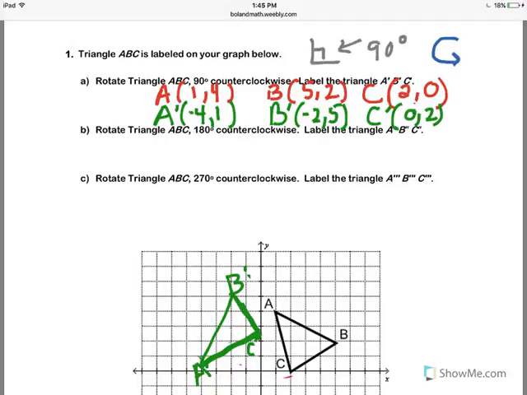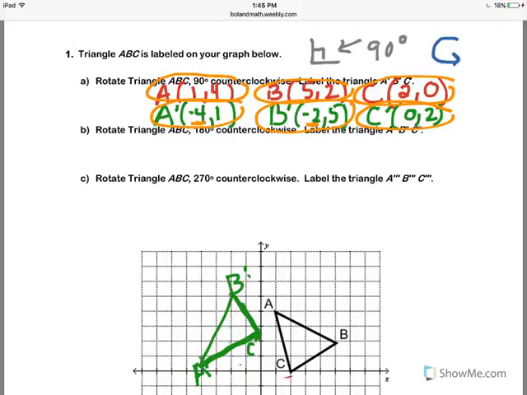Now if you notice on these coordinates, when you compare the original to the new, they have the same numbers. They're just in different positions. Same numbers, 2 and 0, and then it becomes 0, 2. The same numbers, but they're in different positions, and the sign of the Y changes.